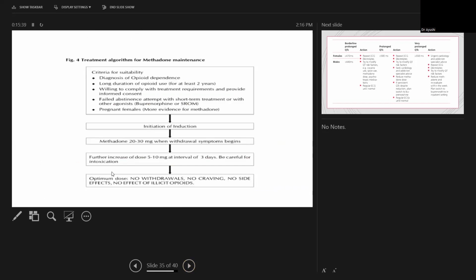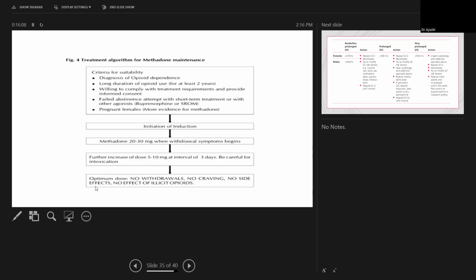Now, this is the treatment algorithm for methadone maintenance. The criteria for suitability: the patient should be opioid dependent with a long duration of opioid use, willing to comply with treatment requirements and provide informed consent, with a failed abstinence attempt with short-term treatment or with other agonists, for example buprenorphine, or in pregnancy, where there is more evidence for methadone.